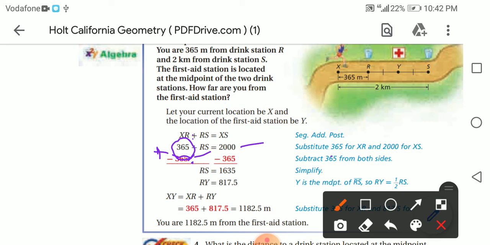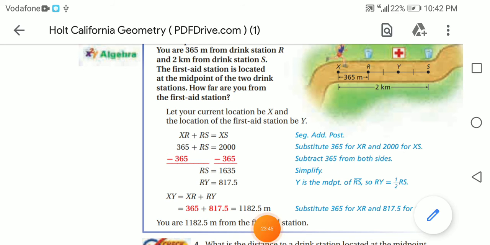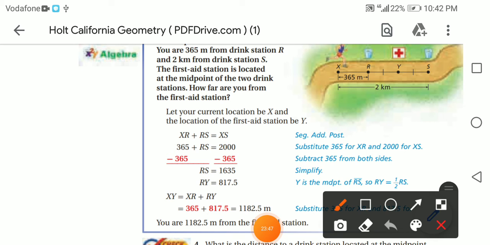We have done this step. Subtract 365 from both sides, don't forget, from this side and this side. So after subtraction, RS is 1635. So I want to have RY equals what? Just a moment.